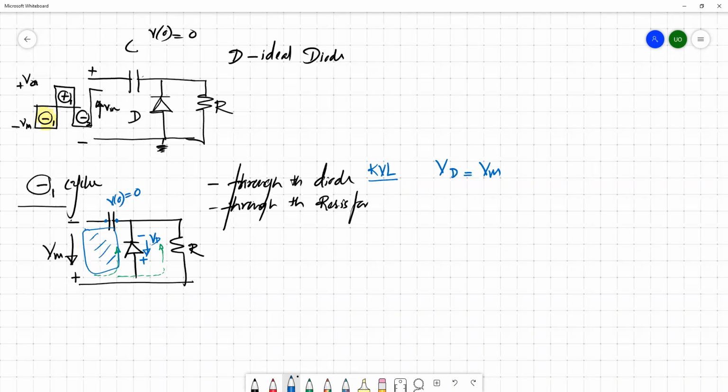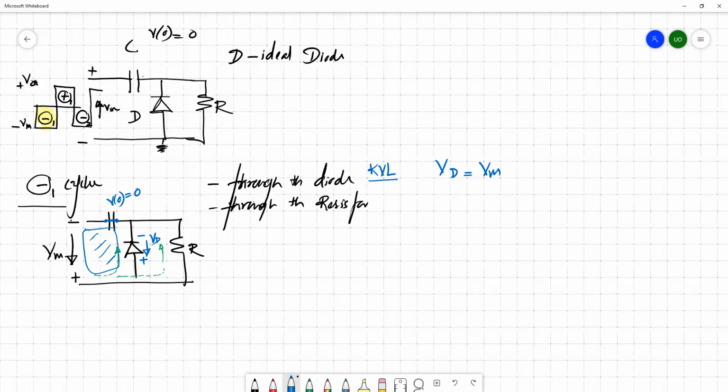The potentials at these two points highlighted in blue are exactly the same, so the drop across these two plates is 0. It means this acts as a short circuit element at T equals 0.